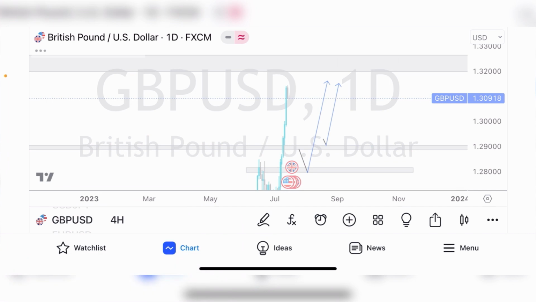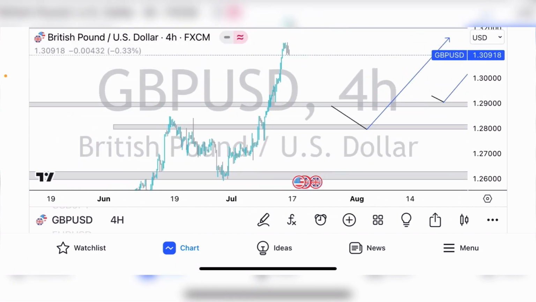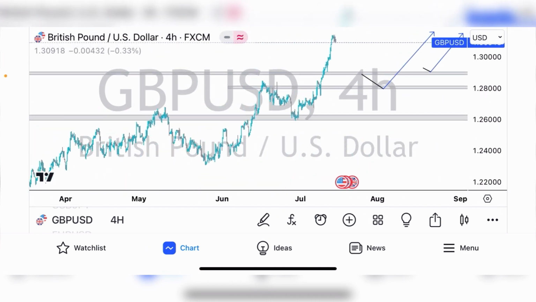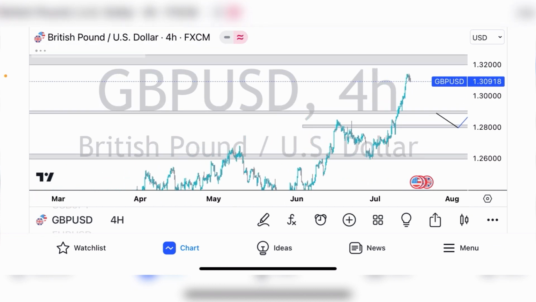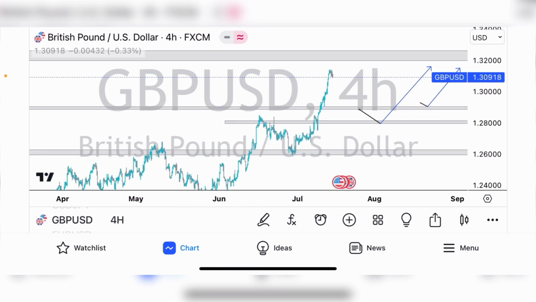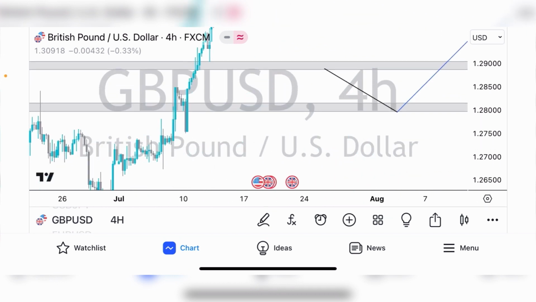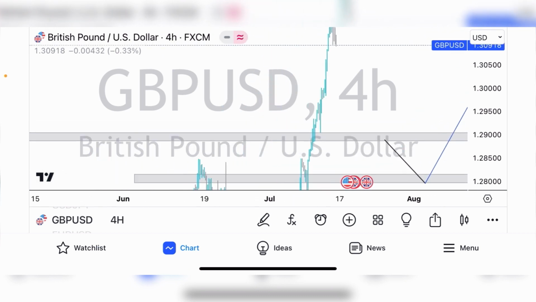So for further views of what will happen in the market, let's just zoom in. If you look, the market kind of looks overbought, and when the market is overbought, we have to go back to our previous resistance and support zones.